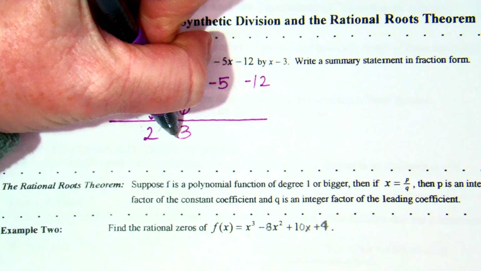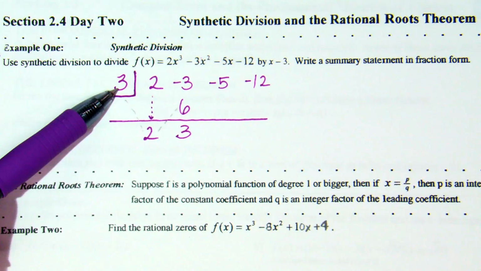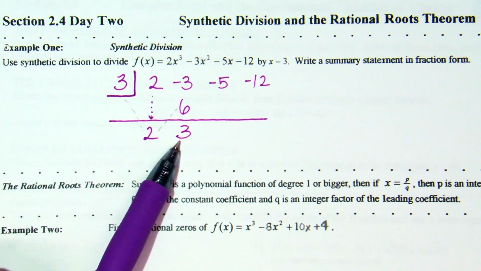Repeat the process. We multiply. This time I'm going to multiply 3 times, how did the 3 appear? This 3 right here came from adding: negative 3 plus 6 is 3. It's always multiply and add, the 2 steps. Now we multiply.